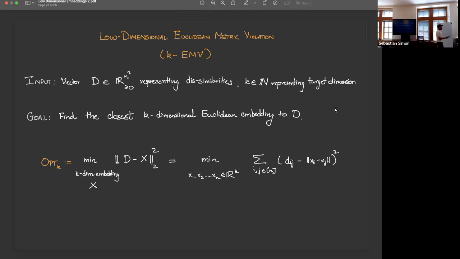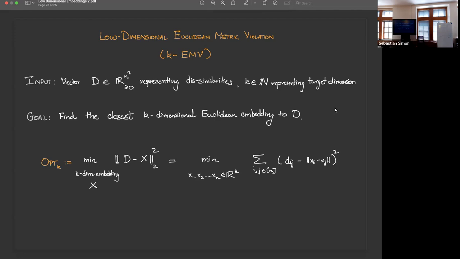Now, you can write this in the philosophy that I mentioned earlier as the following optimization. It's just minimizing over all k-dimensional embeddings X. Here I'm representing the embedding as the vector of pairwise distances.